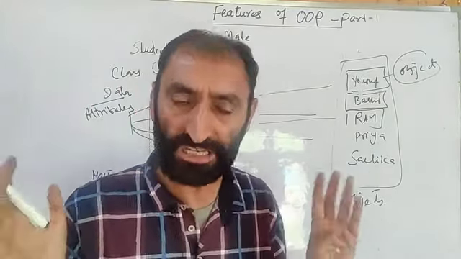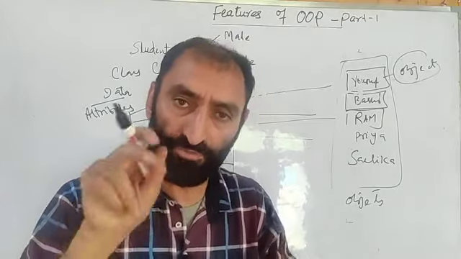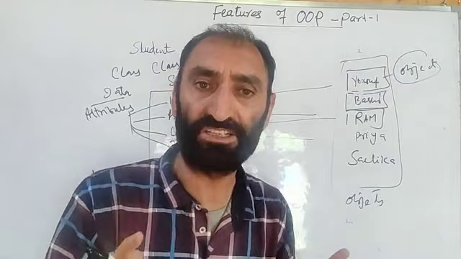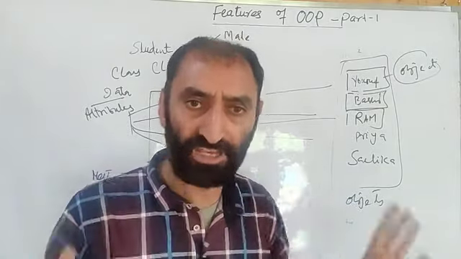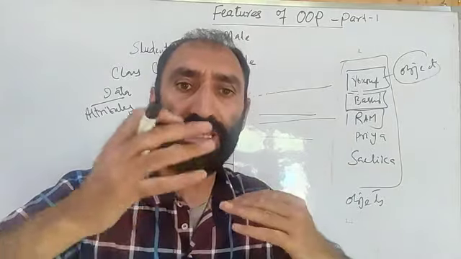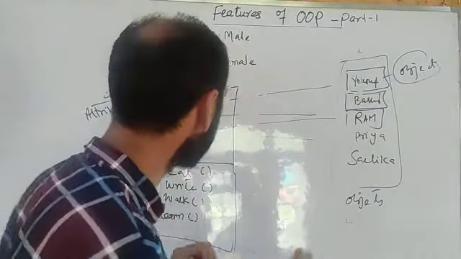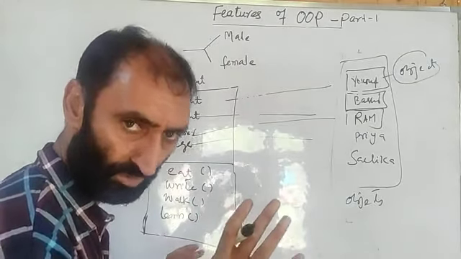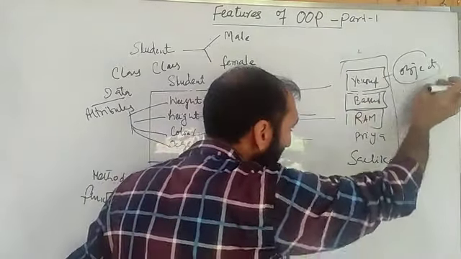Whenever we define the class, no memory is going to be allocated until and unless the objects of that class type are created. Whenever objects are created, their memory is allocated. So we can say the class is only a template, and the object is the real world entity.